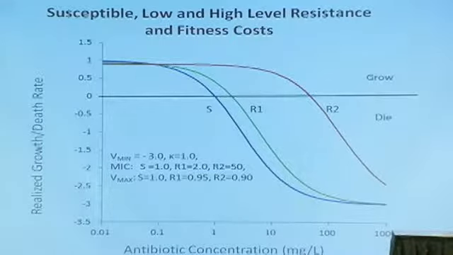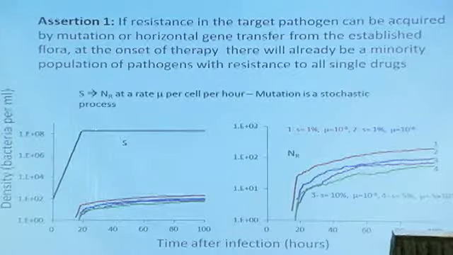And they have different fitness. Fitness in this case is in terms of the maximum growth rate. So the sensitive have the highest fitness, and the most resistant have the lowest fitness, about a 10% fitness cost, and about a 5% fitness cost for the intermediate. This is just a model to illustrate some points.